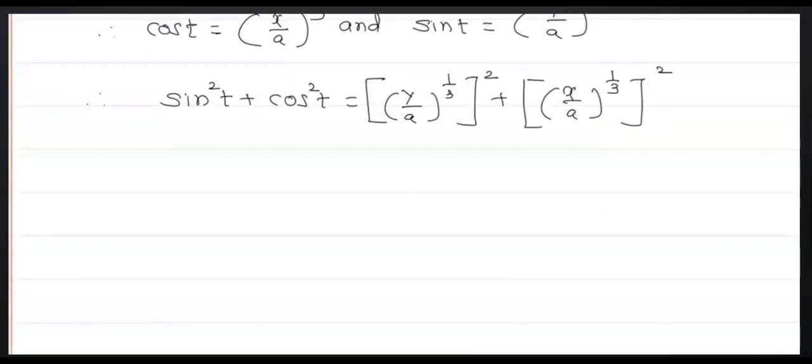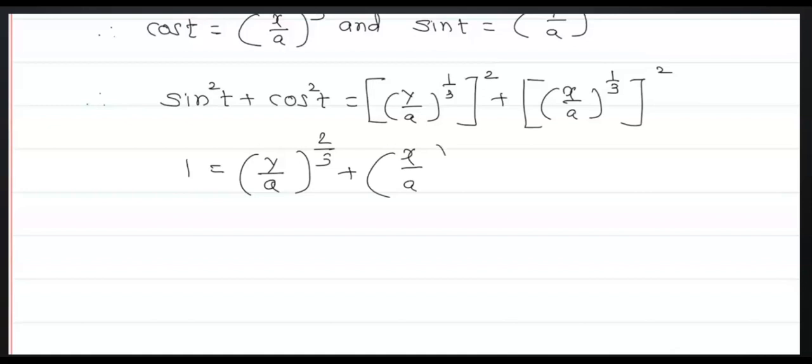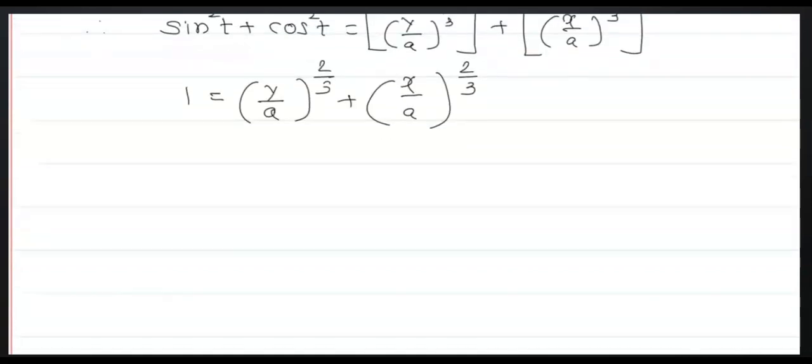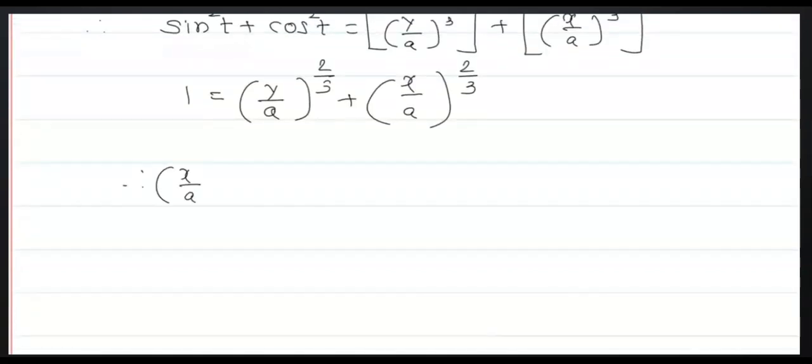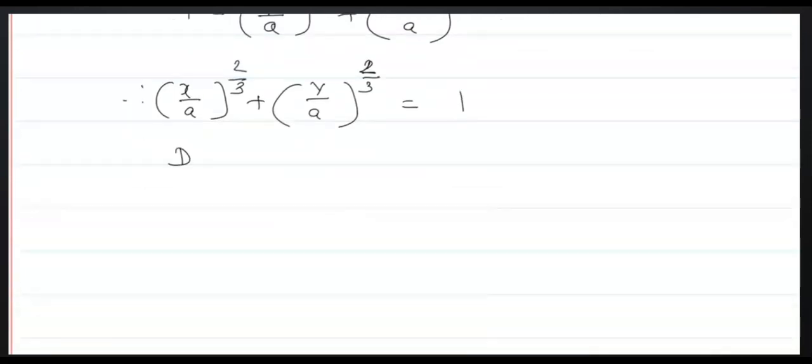Therefore, that is 1 is equal to (y upon a) raised to 2 upon 3 plus (x upon a) raised to 2 upon 3. (x upon a) raised to 2 upon 3 plus (y upon a) raised to 2 upon 3 is equal to 1. Now differentiate this with respect to x.